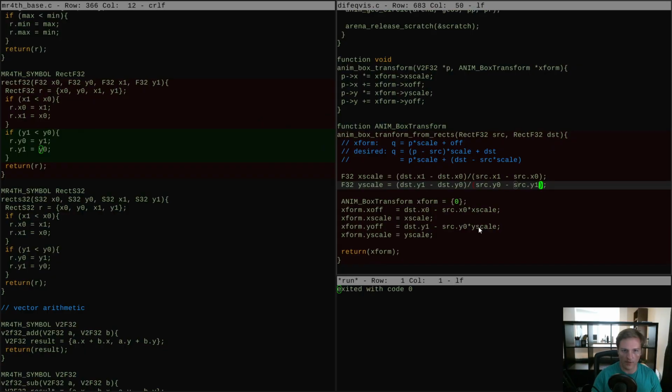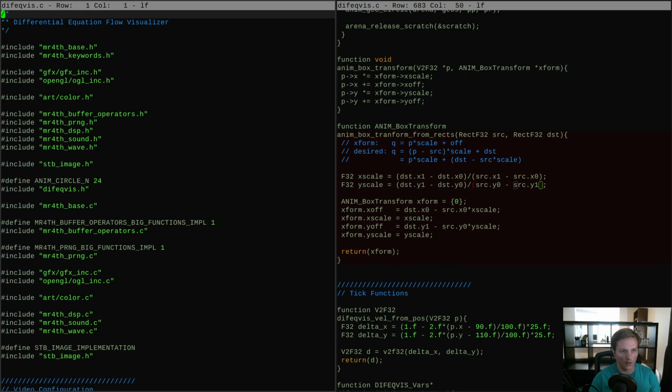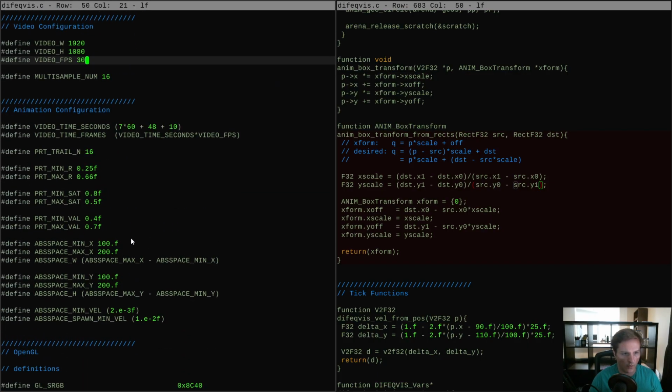So now, if I look at my box range and say I want to range from -1, 1 to -1, 1.